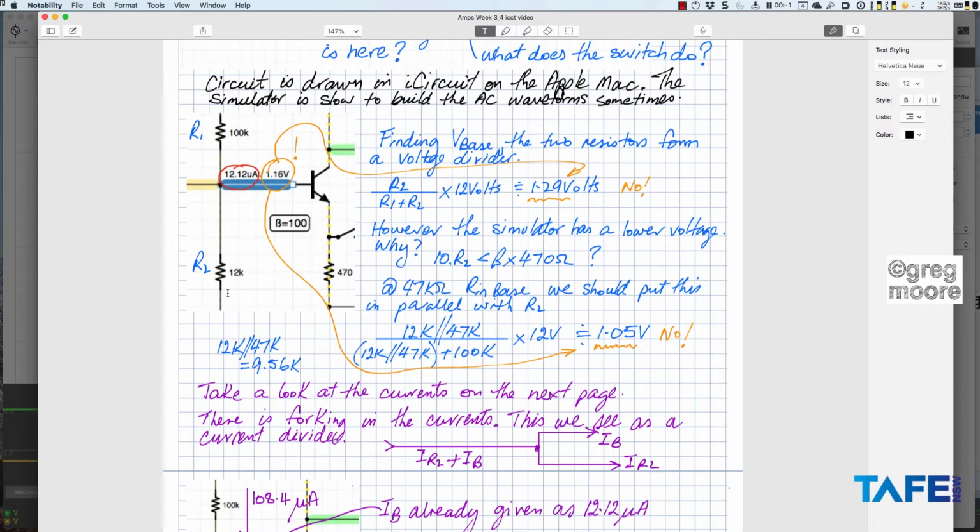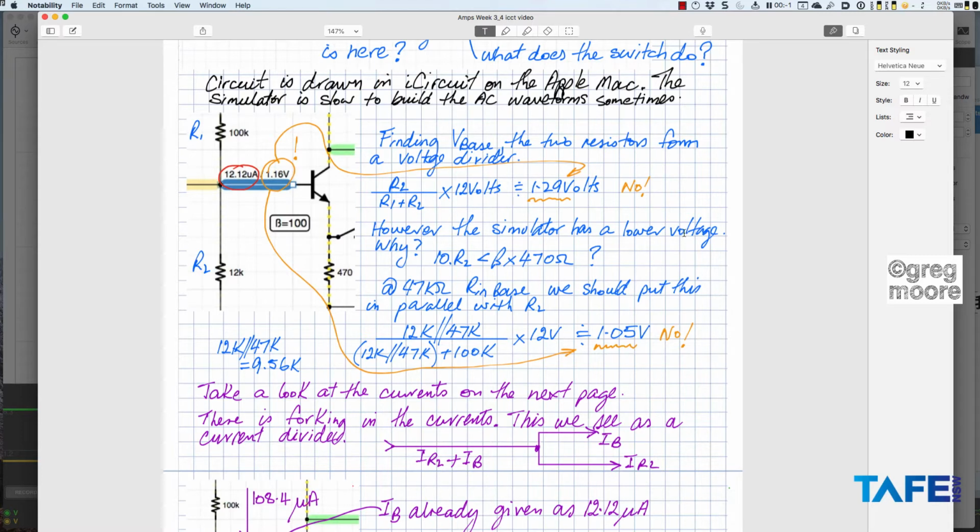So really 12k over 112k times the VBB should give me the voltage at that point. But we've got to be very careful. I've done that here and I get 1.29 volts, but I put it with an exclamation mark, no, because this forms a current divider. I have one current path going down here, I have another current path going in here. Therefore, that's not going to give me that voltage at that point.